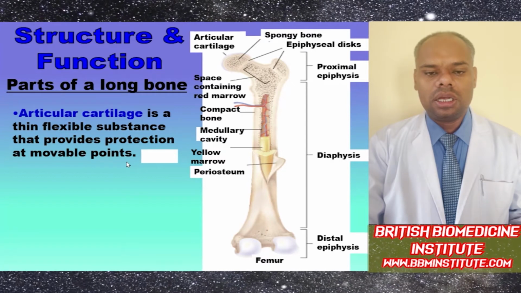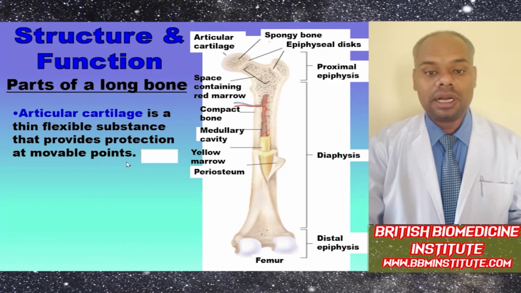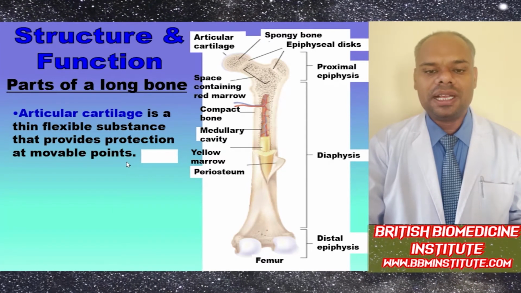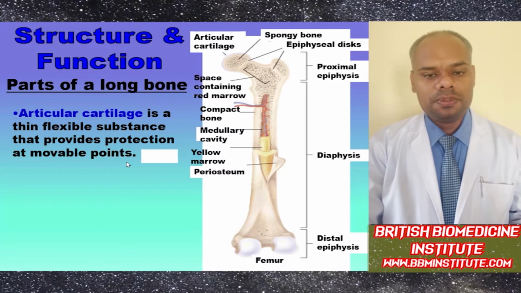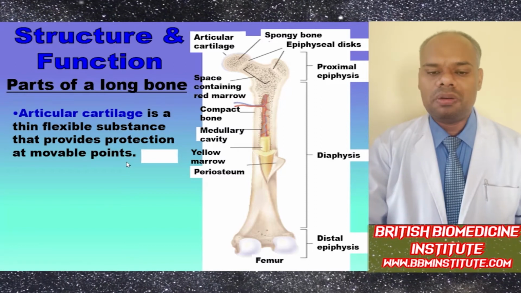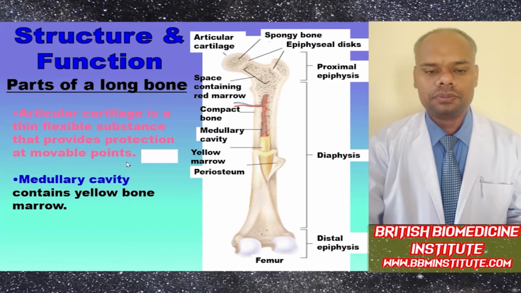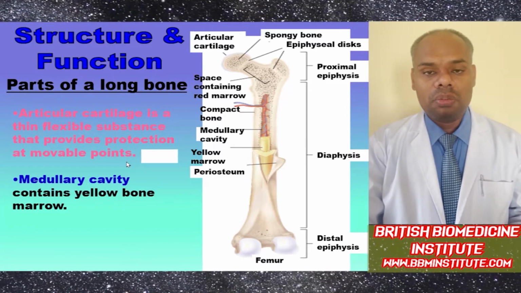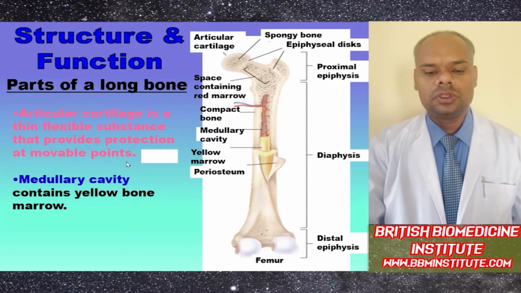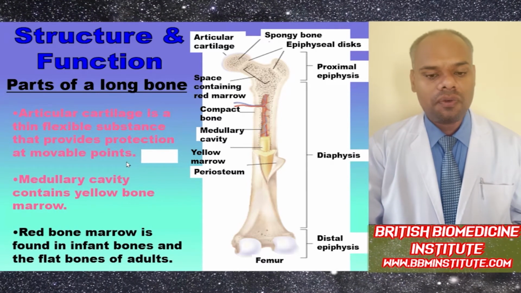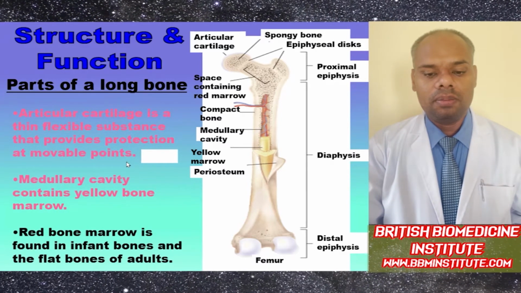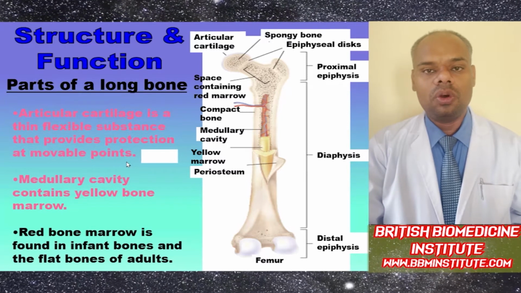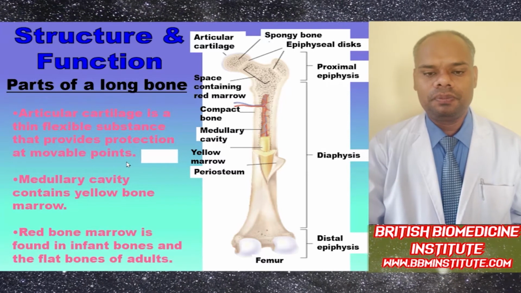The long bone also has articular cartilage, which is a thin flexible substance which provides protection to movable joints. The medullary cavity contains yellow bone marrow. The red bone marrow is found in infant bones and the flat bones of adults.